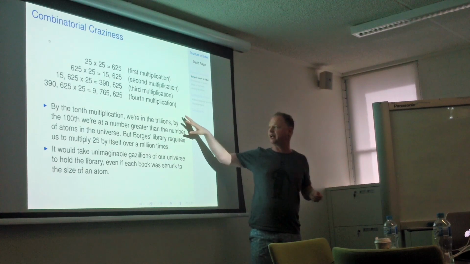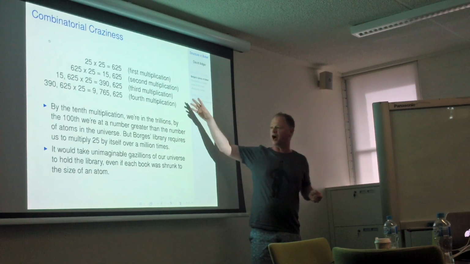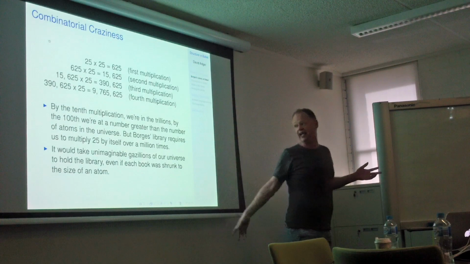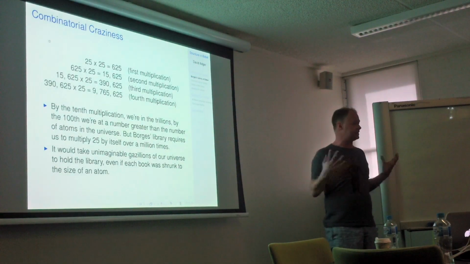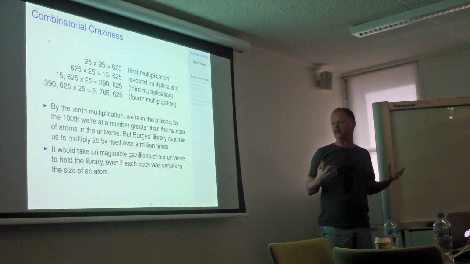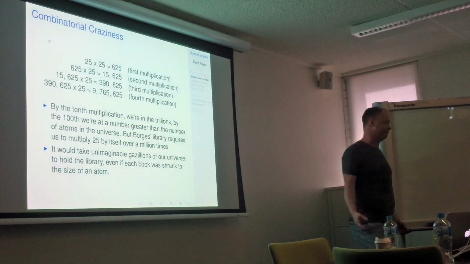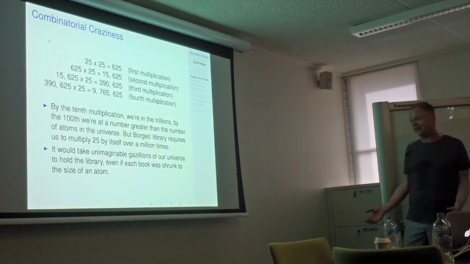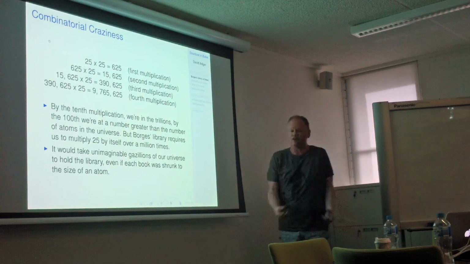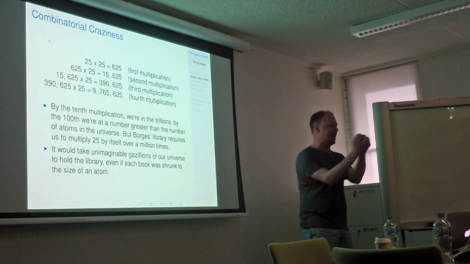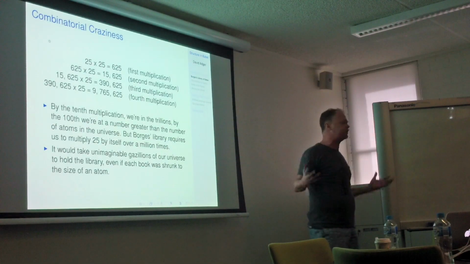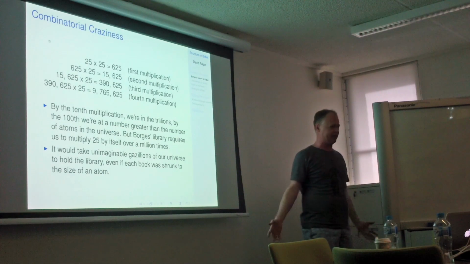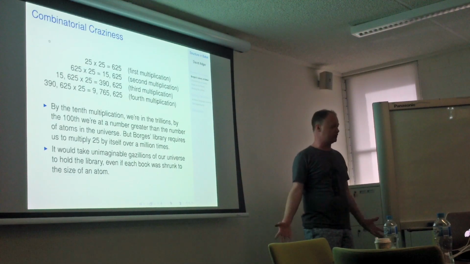By the 10th multiplication, we're in the trillions. By the 100th, we're at a number greater than the atoms of the universe. But actually, Borges' library requires us to multiply 25 by itself over 1 million times, right? So if you shrink each book to the size of an atom, it would still take unimaginable gazillions of our universe to hold the library. It's an awful lot of books, right?